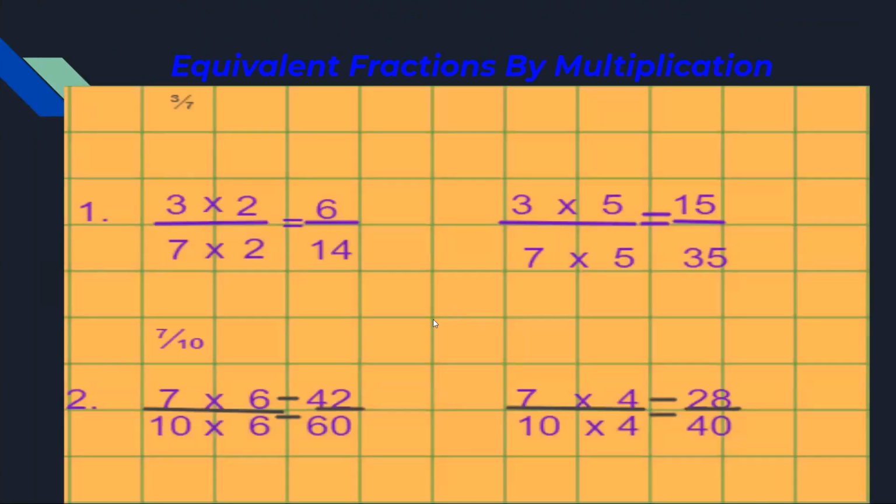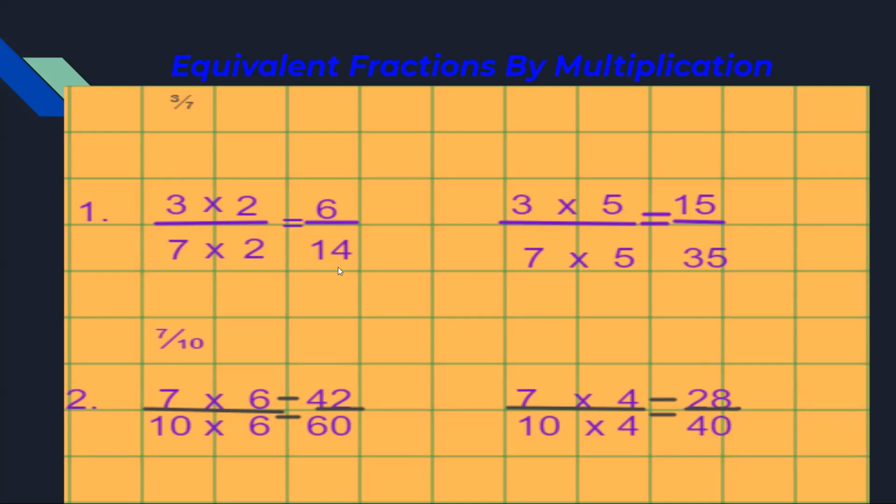Here is our sum. The sum is 3 upon 7. When we are writing the equivalent fraction, the same number is multiplied with the numerator as well as with the denominator. So our numerator is 3 into 2, denominator 7 into 2, equivalent to 6 upon 14.